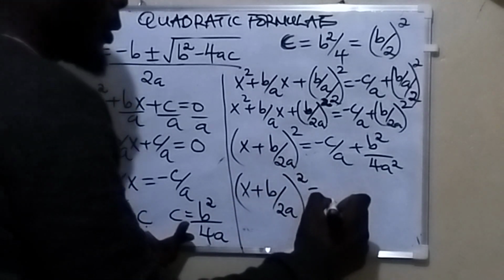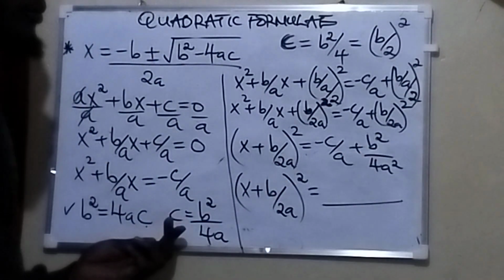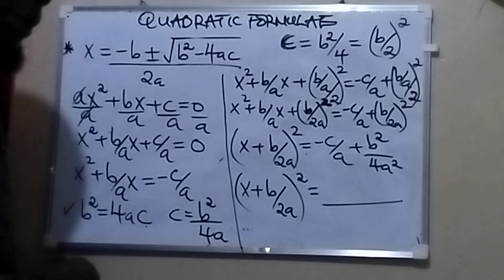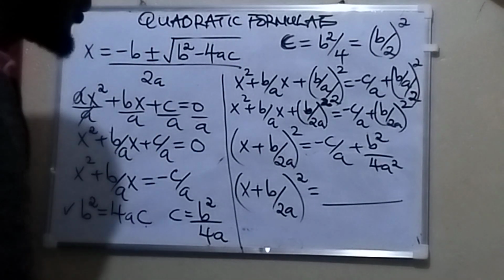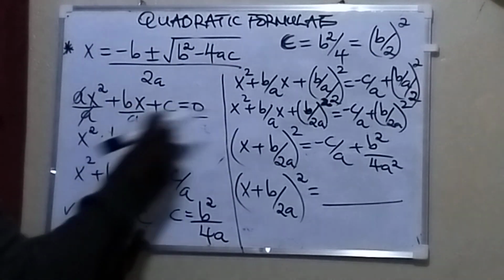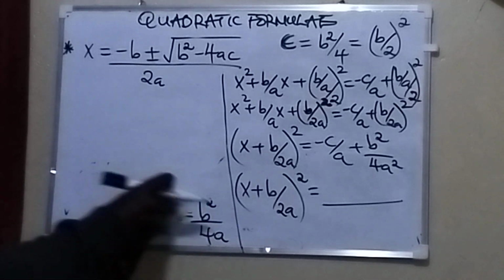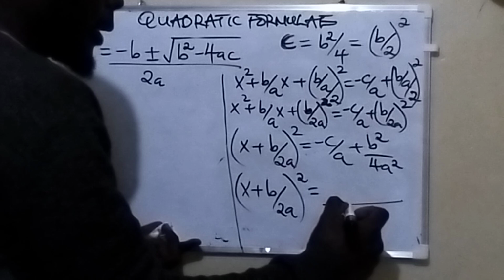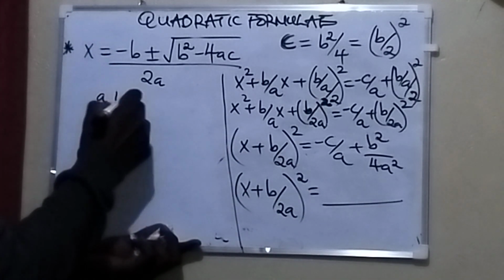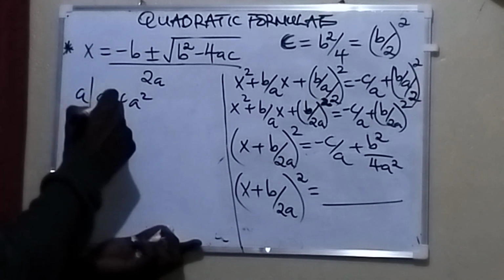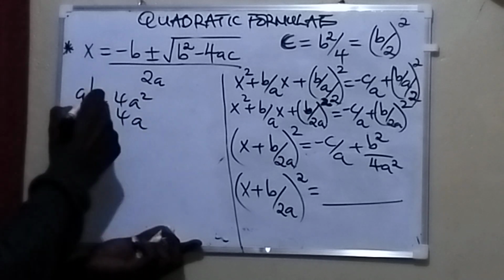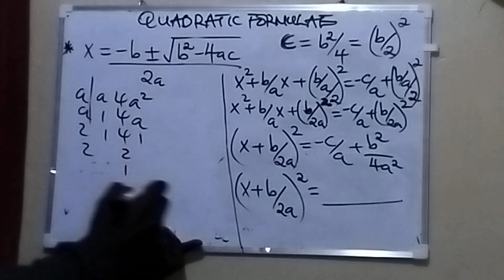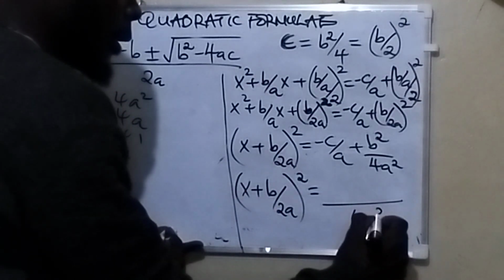So the LCM of a and 4a squared. What is the LCM? The LCM of a and 4a squared is 4a squared.